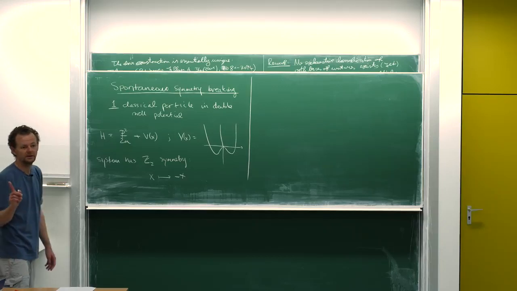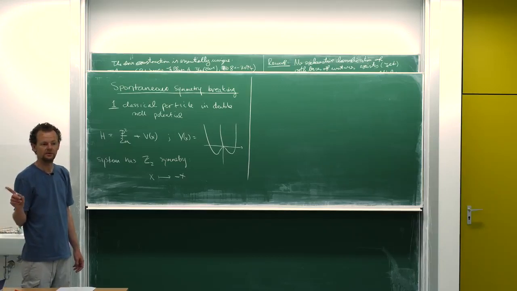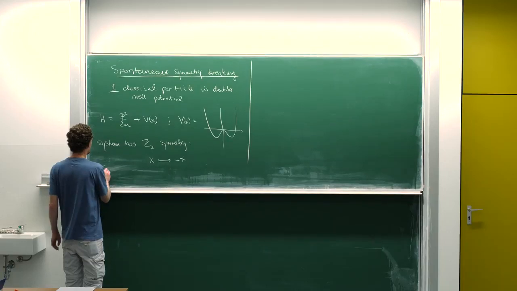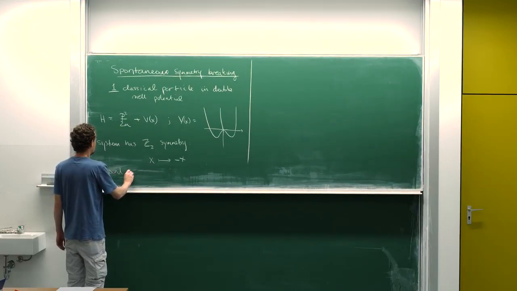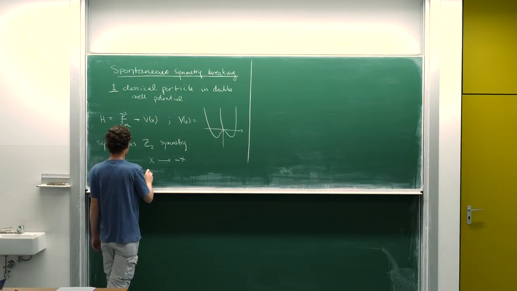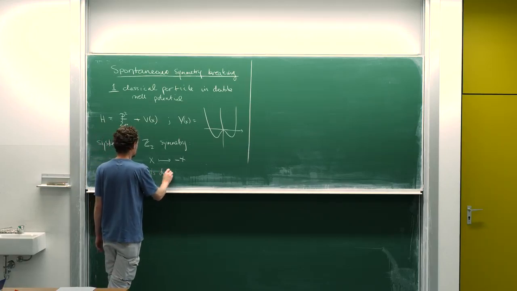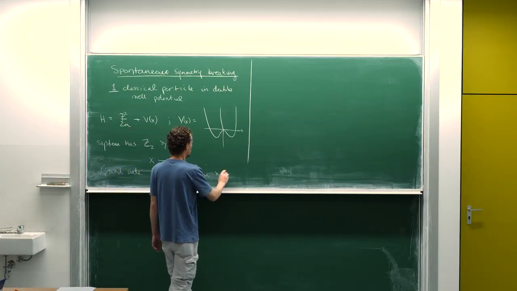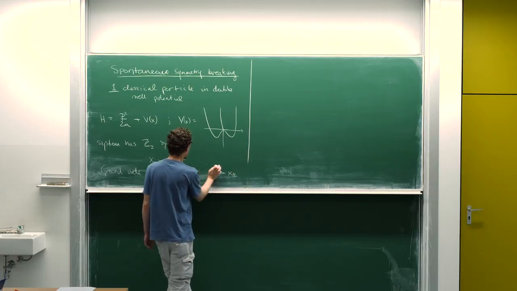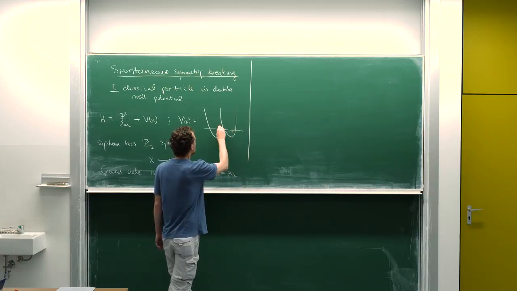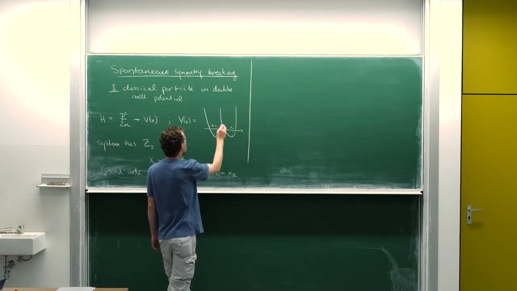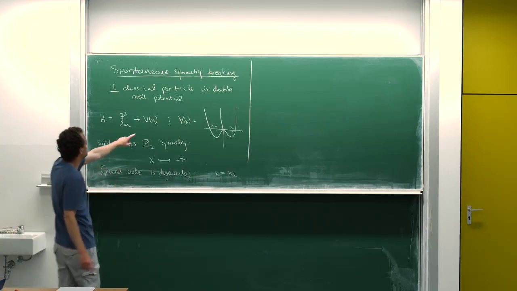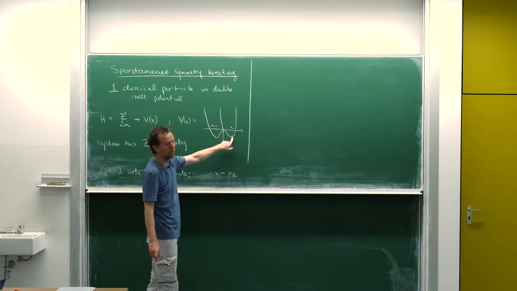But the ground state of this system doesn't respect the symmetry. So the ground state of this classical system, this particle, is either x minus or x plus.